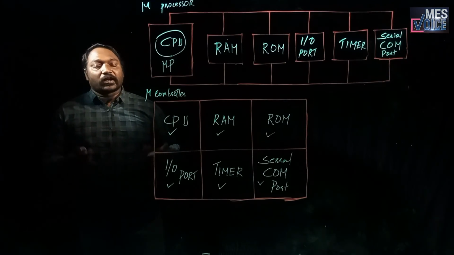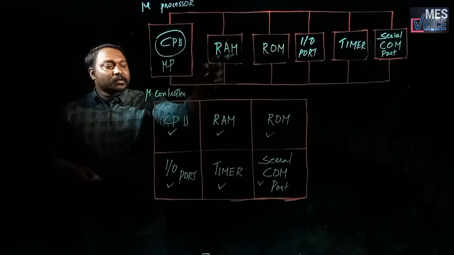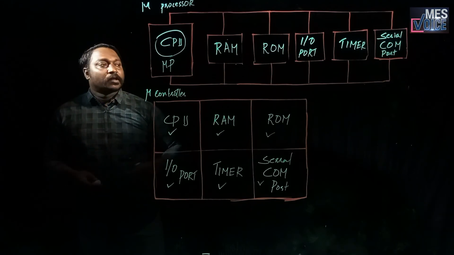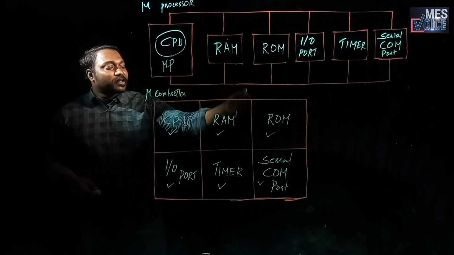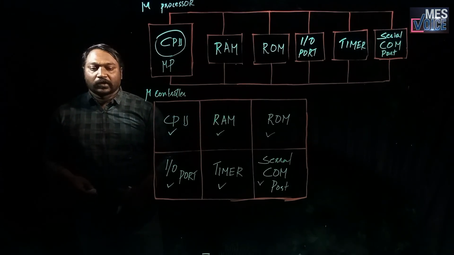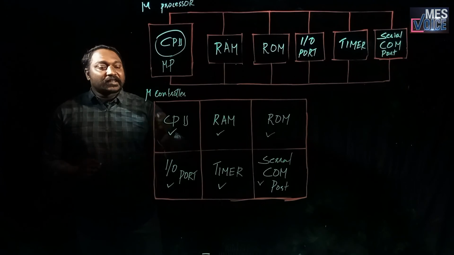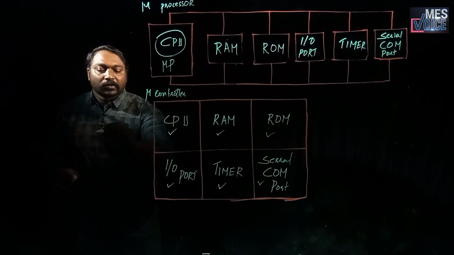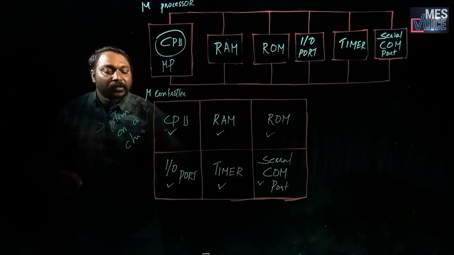But in the case of a microcontroller, there is a little bit of RAM, a little bit of ROM, a finite number of input-output ports, maybe less than 10, one or two timers or 3, 4, 5 timers, and less than 5 serial communication ports, integrated into a single chip, and it is known as a system on a chip.